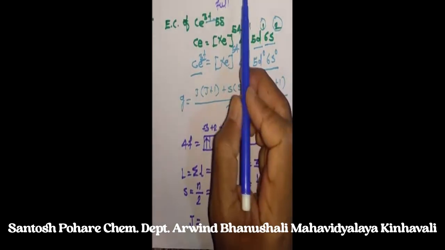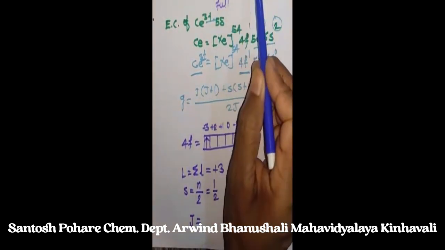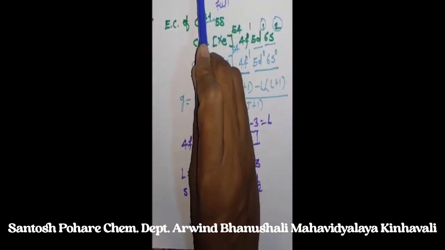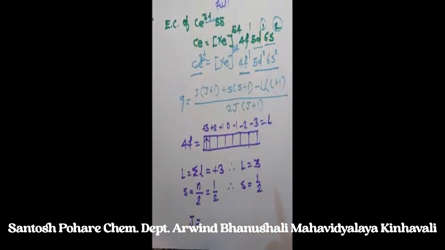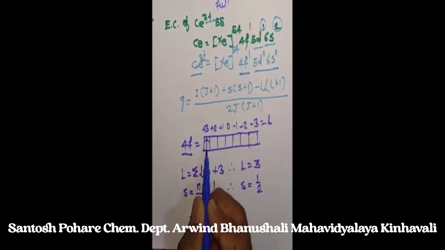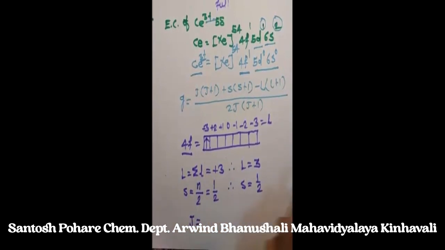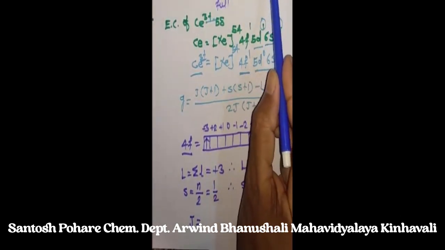So see carefully, when the subshell is less than half full, then we have to take L minus S. See there, students, 4f has 7 orbitals, and these 7 orbitals have only 1 electron each, so all the others are empty. It is less than half full.